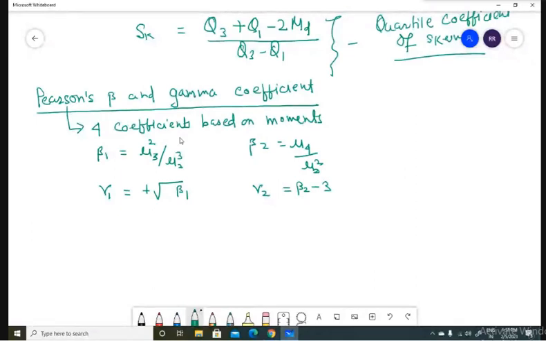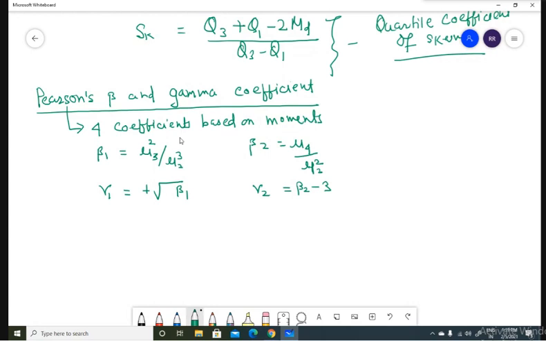Sir, beta 2 is equal to what? mu 4 upon mu 2 square. Okay sir. Okay, I will change it, mu 4 upon mu 2 square. Okay, these coefficients are pure numbers and independent of units of measurement.